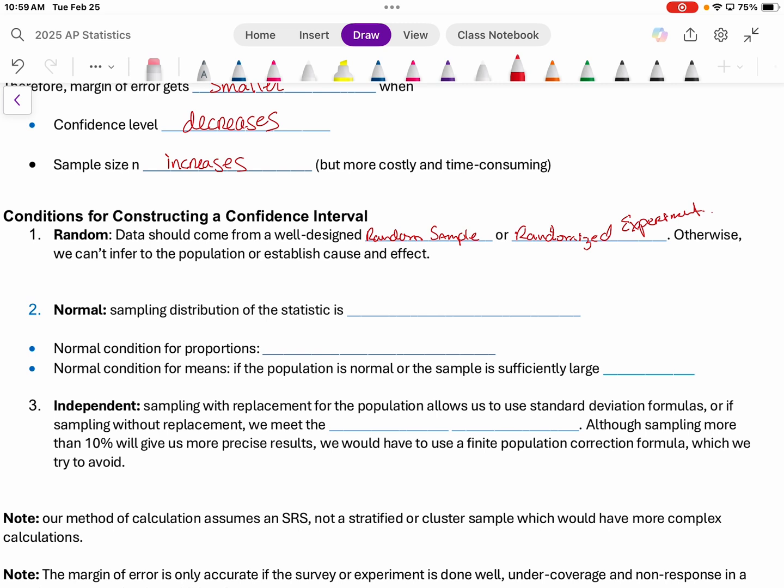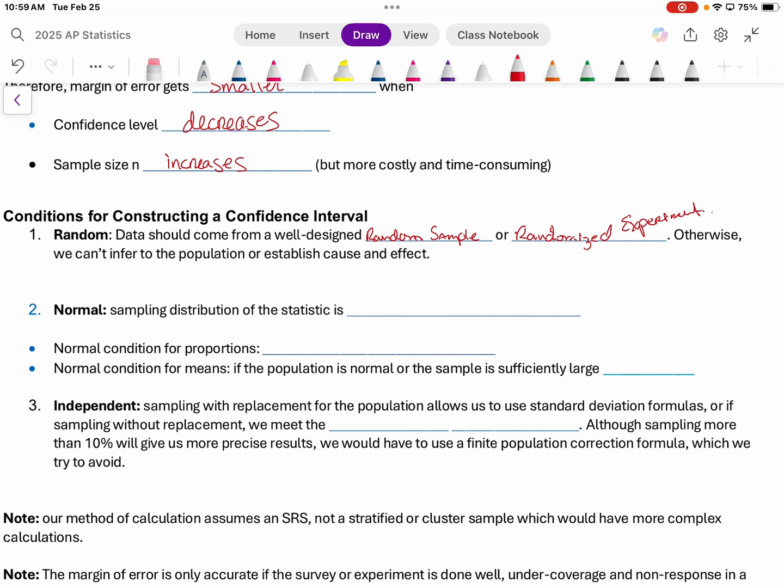If, as we're constructing a confidence interval, it doesn't tell us that a random sample took place, like an SRS, or that they did a randomized experiment where they randomized how people were assigned to the treatments, then we should not infer to the greater population. And we cannot do a cause and effect.